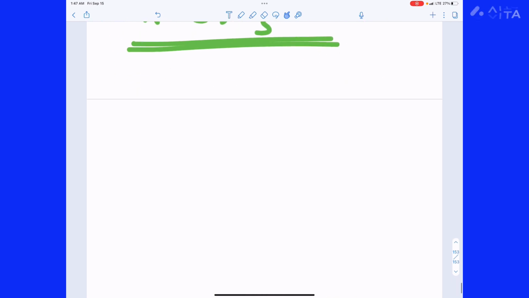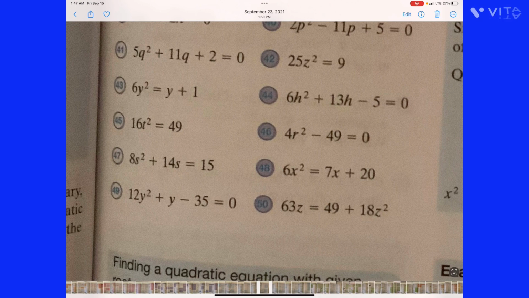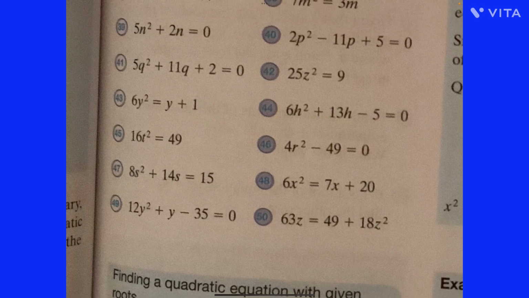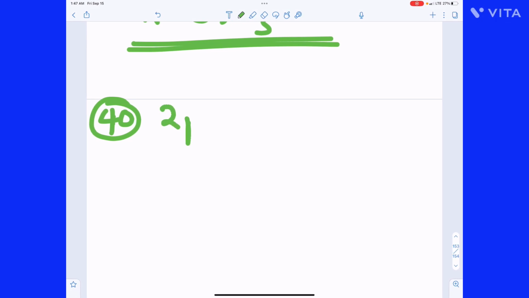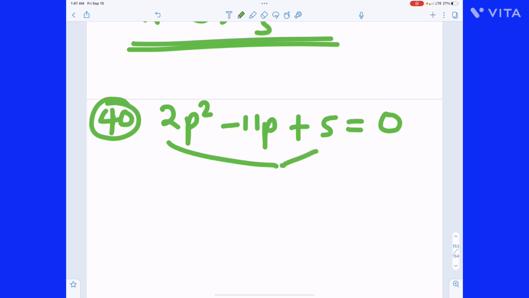Number 40. Question 40, we are on 2p squared minus 11p plus 5 is equal to 0. So here I'm to multiply the 2 by 5. 2 times plus 5 will give me plus 10.